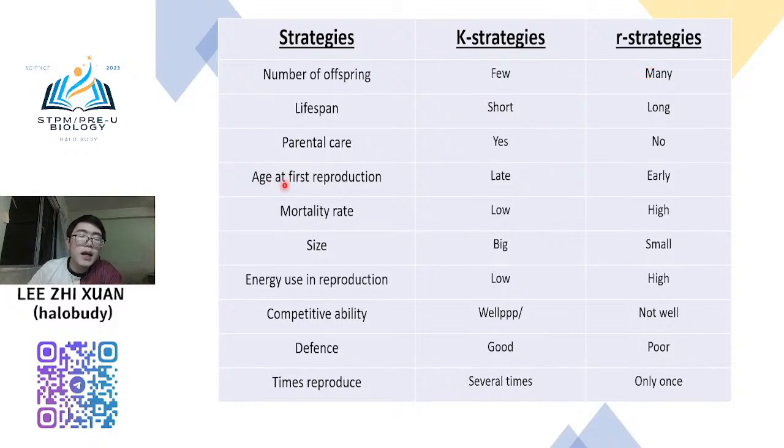And then age at first reproduction means the first time they undergo sex, meaning the first time to reproduce. The first time of pregnancy in humans. So normally this K strategy is very late, like humans.